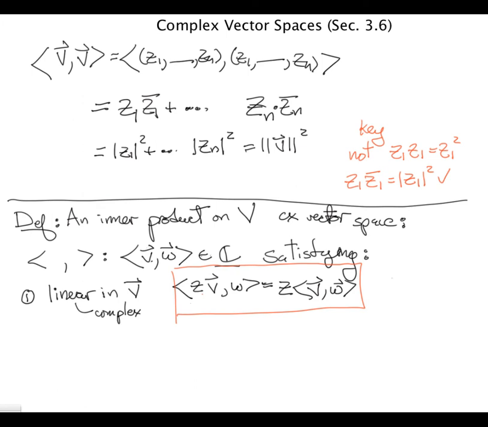And of course, it's also additive, which is v plus v prime, w is equal to v, w plus v prime, w. So this says that it's linear in the first variable. That's what these two conditions are.